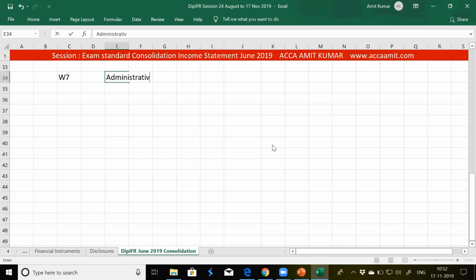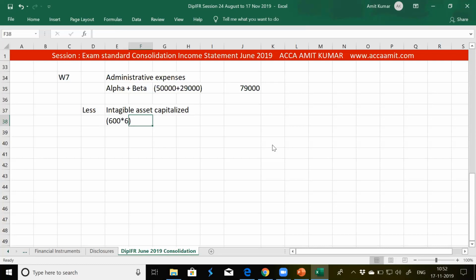Administrative expenses. The total of Alpha plus Beta administrative expenses will be 50,000 plus 29,000. Total is 79,000. Out of which, less the intangible asset capitalized, that is 600 into 6 months from 1st July to 31st December.